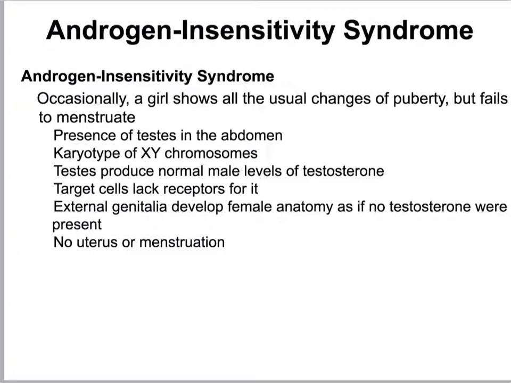Now, let's talk about another way that things can go wrong. As I said, SRY, the testes determining factor, determines whether you have testes or ovaries in the uterus. Later on, those testes will begin to secrete high levels of testosterone. If you have ovaries, you don't secrete high levels of testosterone.